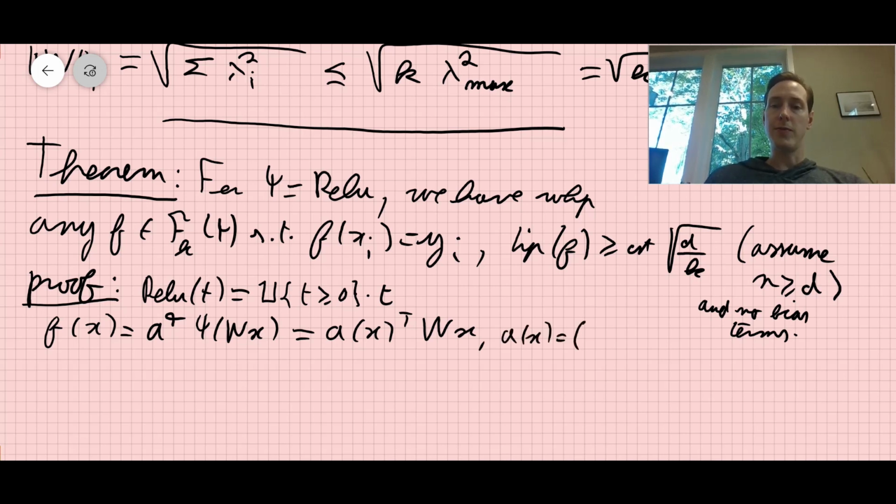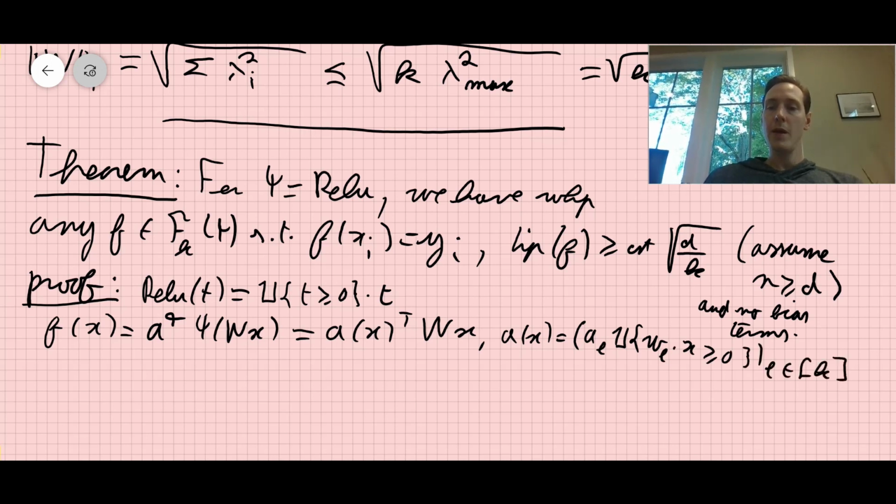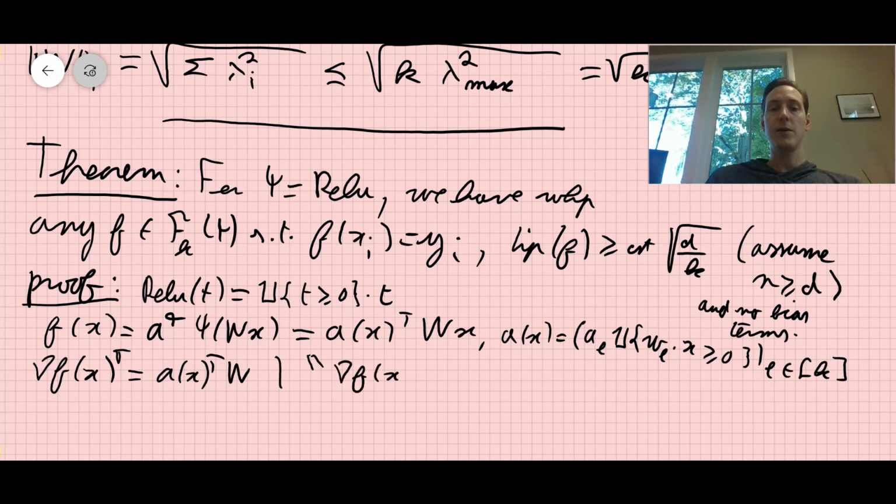So it's the vector a_l times the indicator that the l-th neuron is firing, so w_l dot x is non-negative, for l in k. All right, so with this notation, it should be pretty clear that the gradient of f at x, at all points except a measure 0 set, is just, let's say the transpose of that is just A_x transpose W. So in other words, a ReLU network computes grad f of x transpose x.